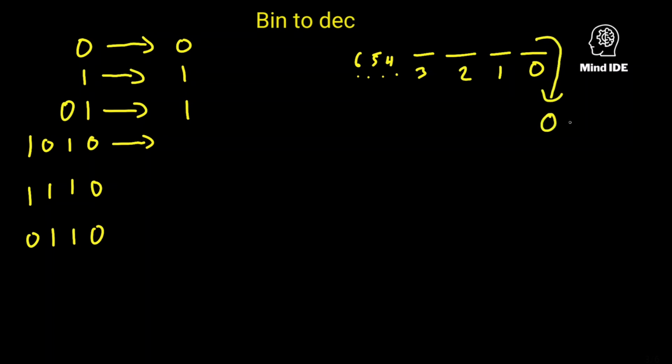So if you have a 0 there, 0 times 2 to the 0. This 0 coming from there. All right, if we had a 1 here instead of a 0, it would be 1 times 2 to the 0. Again, that's from there. So this could be a 0 or a 1.